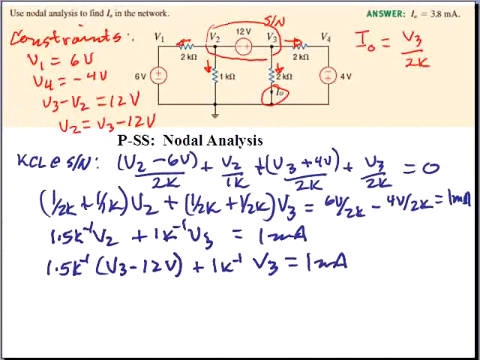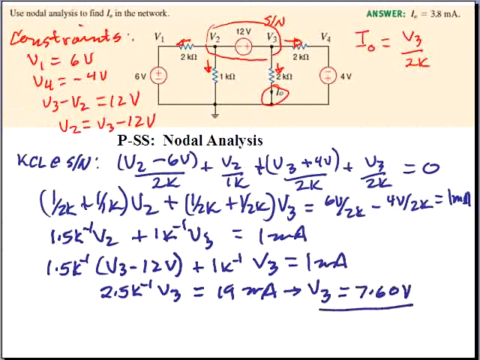And we now have that 2.5 K to the minus 1 V3 is equal to 19 milliamps, and solve that for V3 equals 7.60 volts. And now we're ready to determine the desired current.